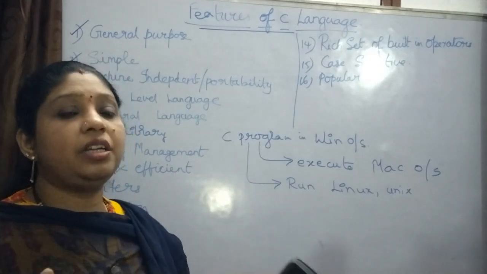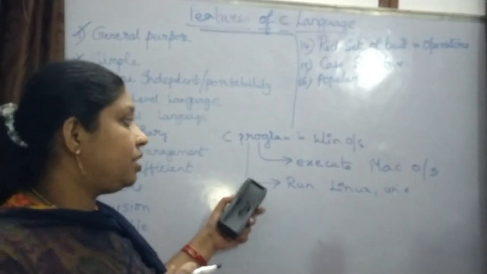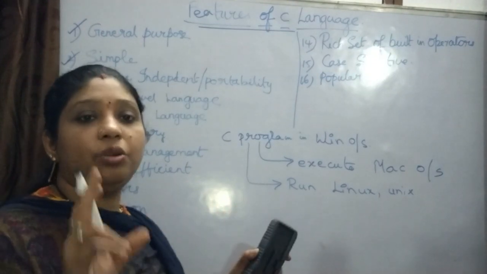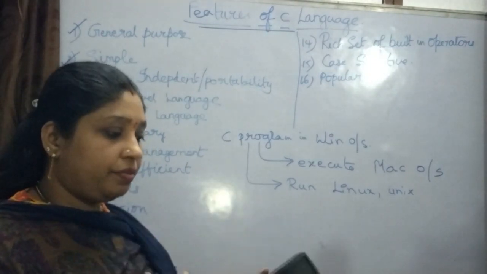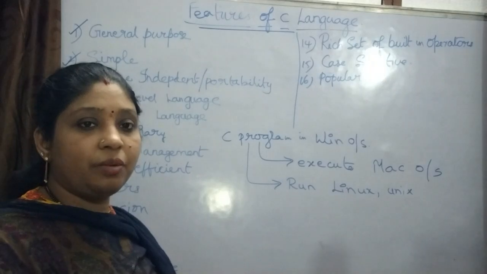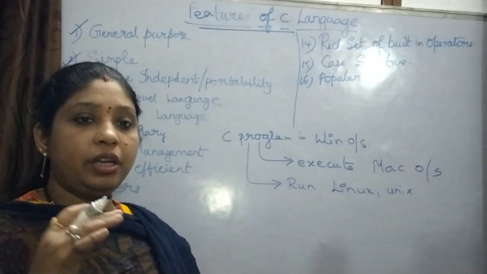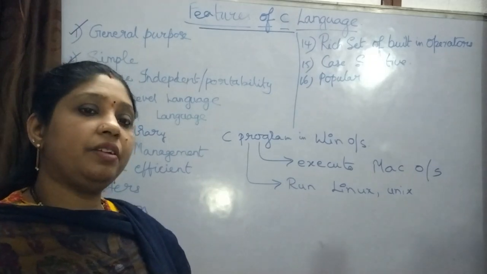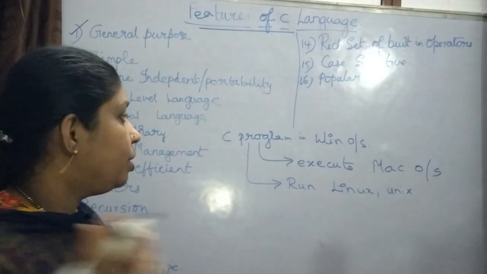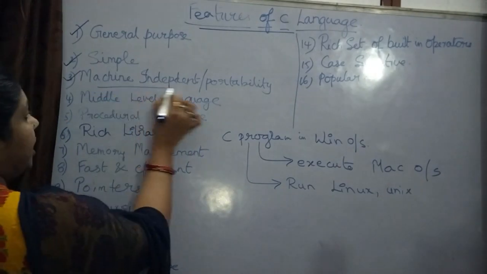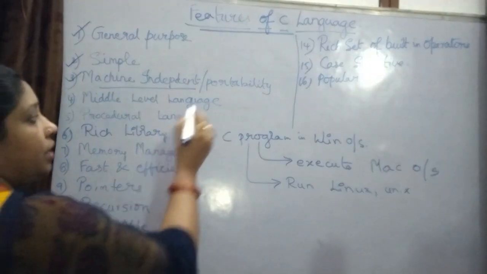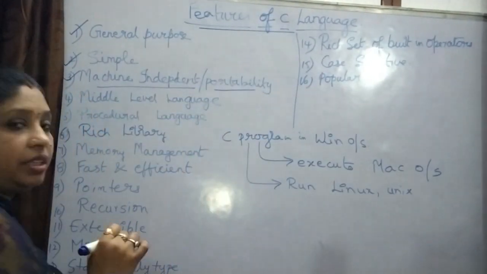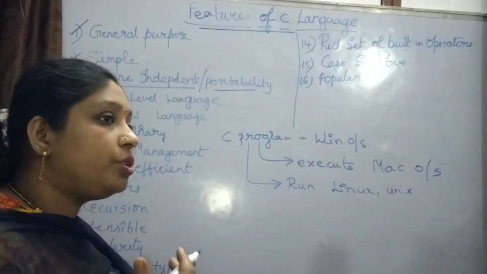That means if you have created a program in one system, it can be executed on another system which has a different operating system. So this is called machine independent language. The meaning of it is portability.